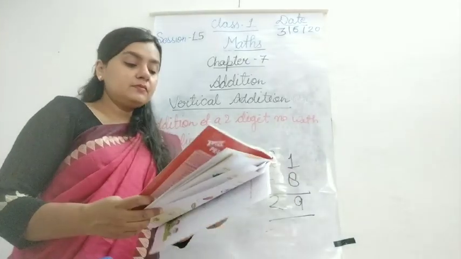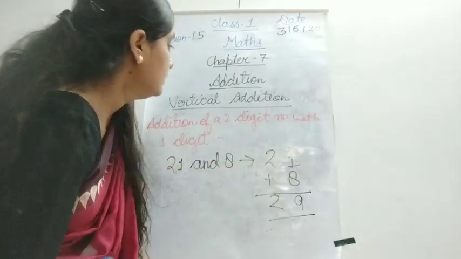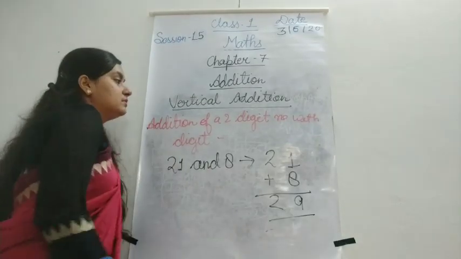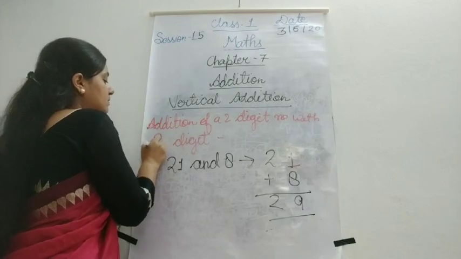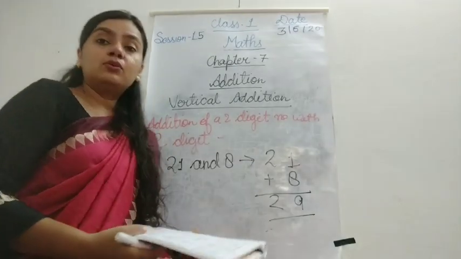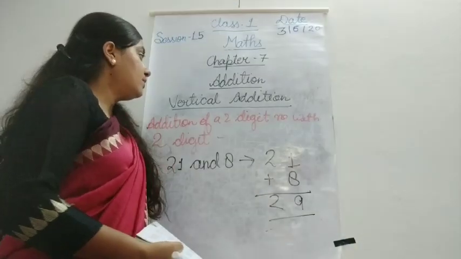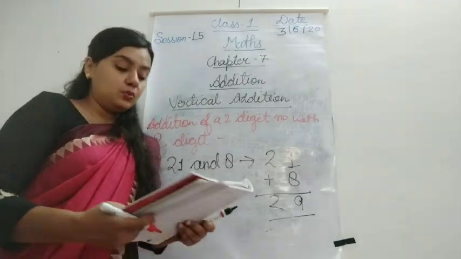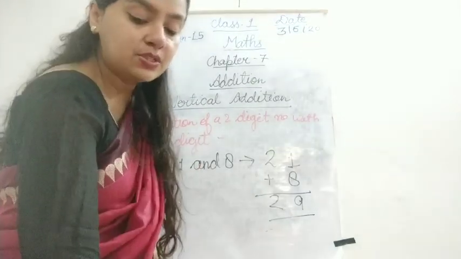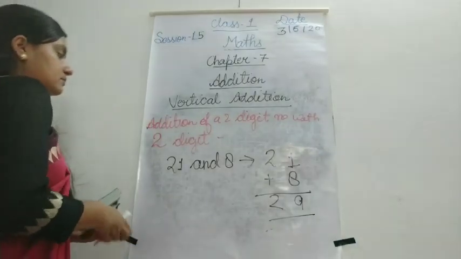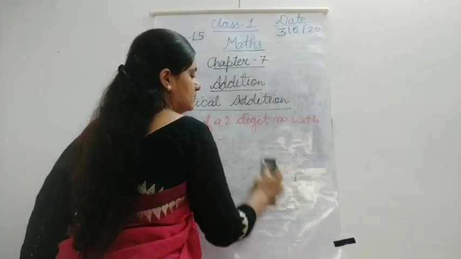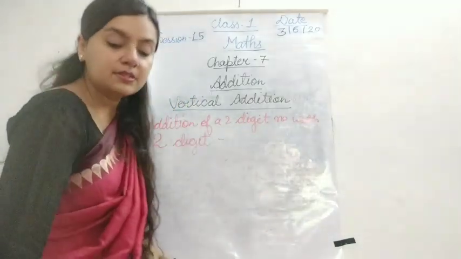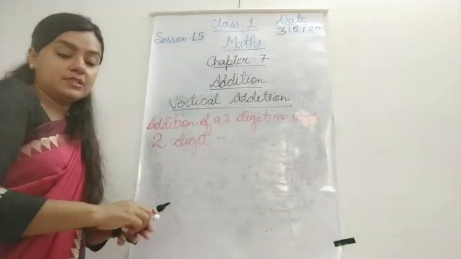Okay. Now next, what we have to do is addition of a two-digit number with a two-digit number. Okay, let's do. What is the question?